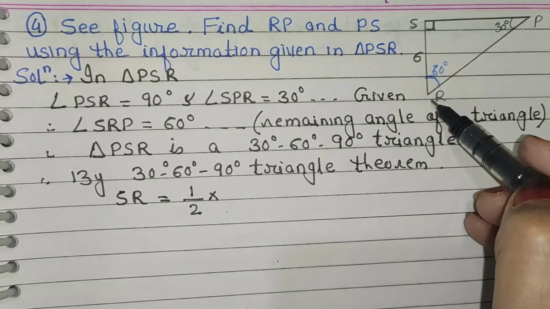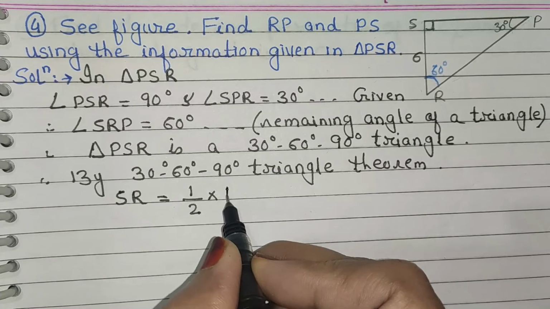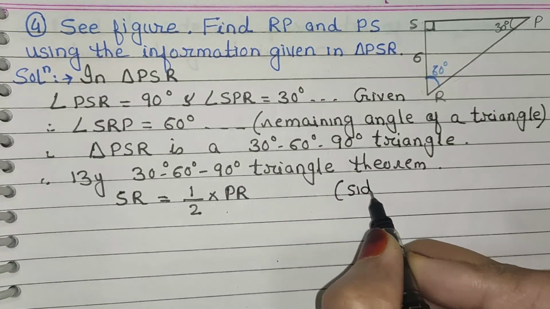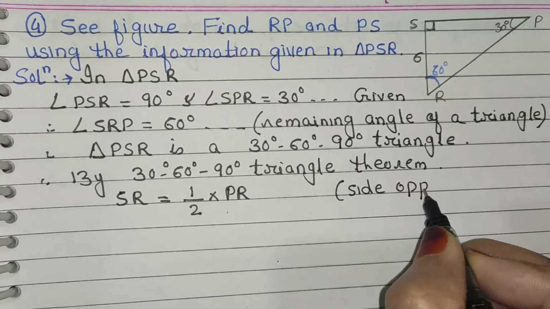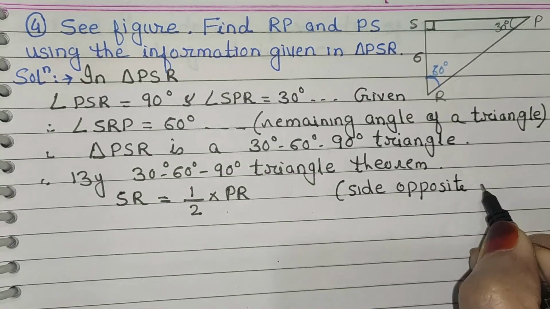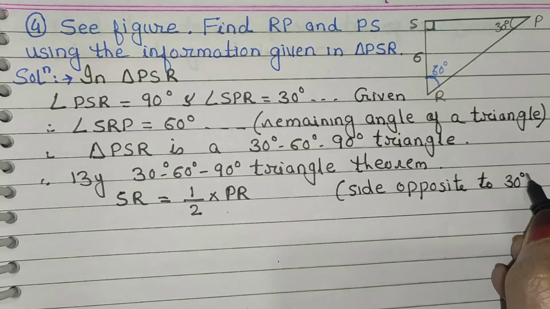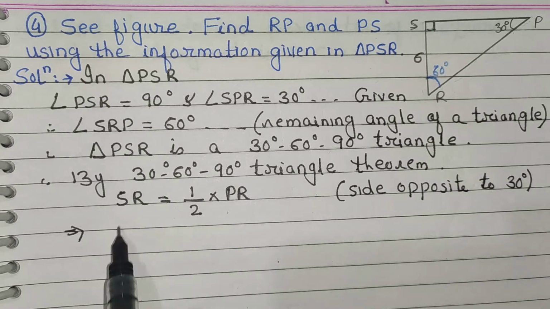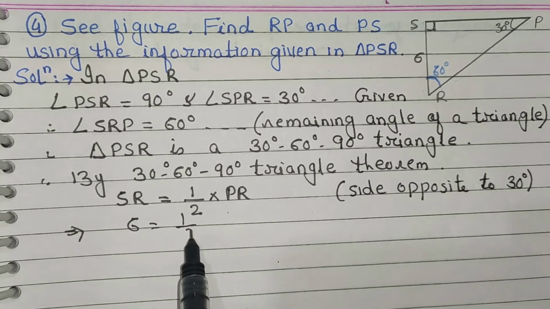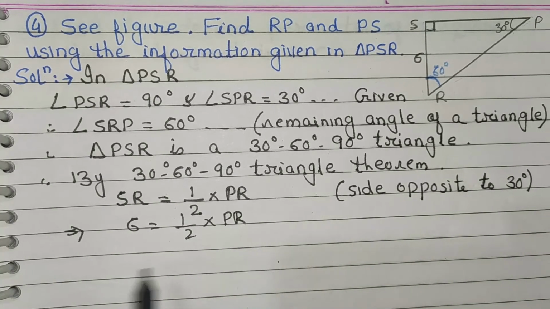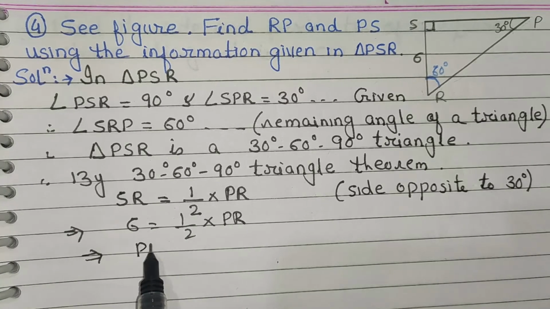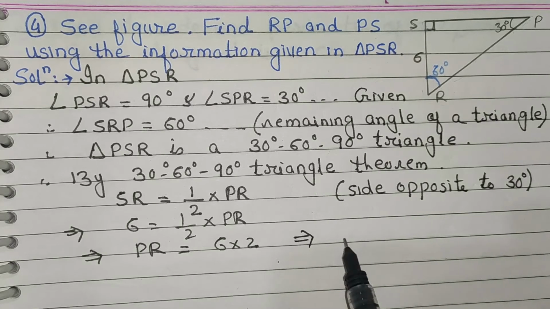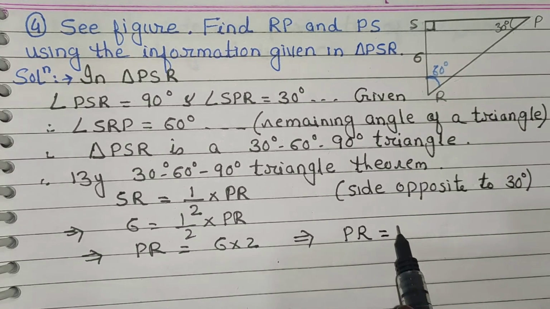Now here hypotenuse is PR. Write down here. Side opposite to 30 degree. Now substituting the values here. The value of SR is 6 is equal to half into PR. Now cross multiply here. We get PR is equal to 6 into 2. Therefore, the value of PR is equal to 12.